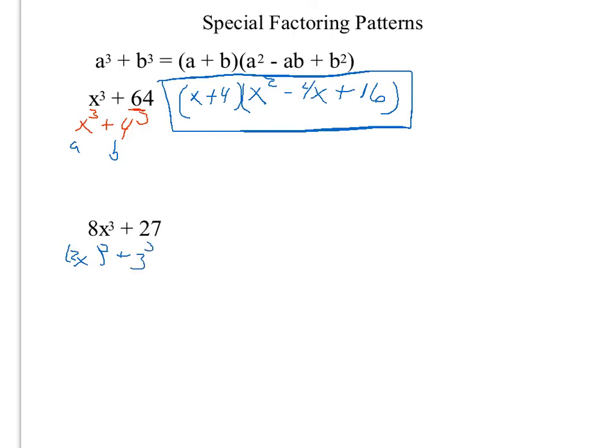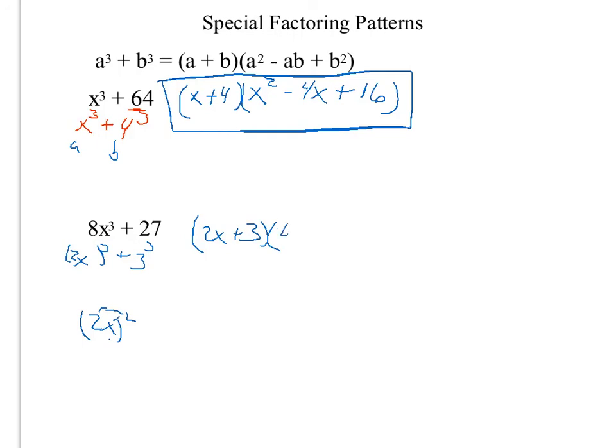So this is our A, this is our B. So again, we can just go ahead and plug in A plus B, so 2x plus 3 times. Now, right here, A squared, we're going to square 2x. So 2x squared, we square the 2 and we square the x.